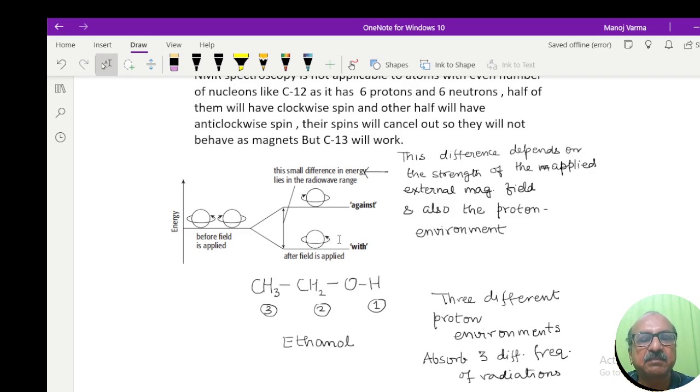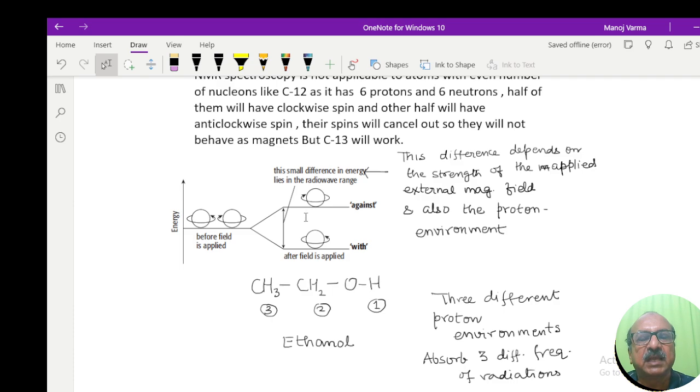Now this is something with which you are familiar: if you have two energy levels, then we can go from a lower energy level to a higher energy level if a certain amount of radiation is absorbed. The difference of energy level between these two lies in the radio wave range.